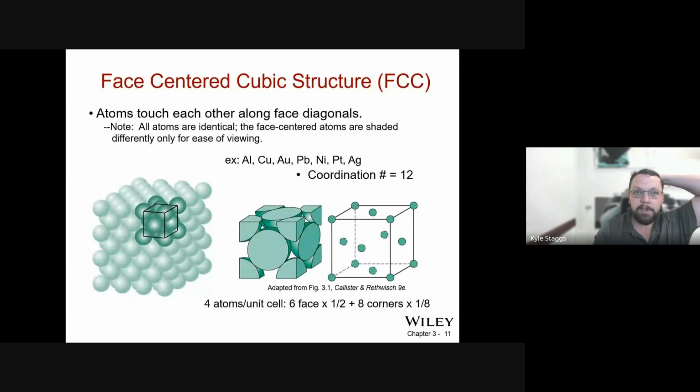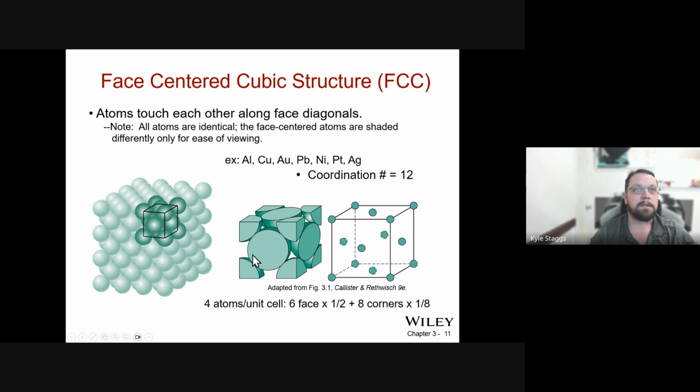So instead of just having 2, you have 6 face atoms, meaning a half atom times 6, and then 1/8 of an atom, 8 of those, 1 at each corner, giving a total of 4 atoms per unit cell.